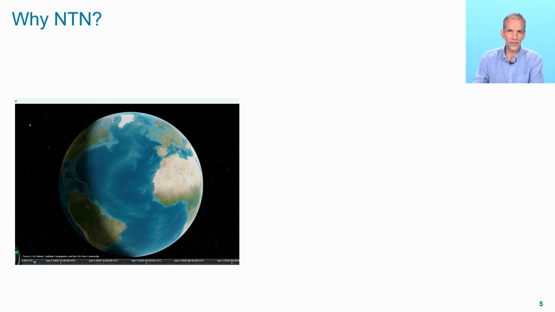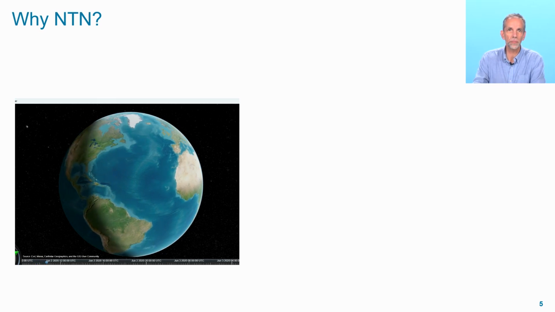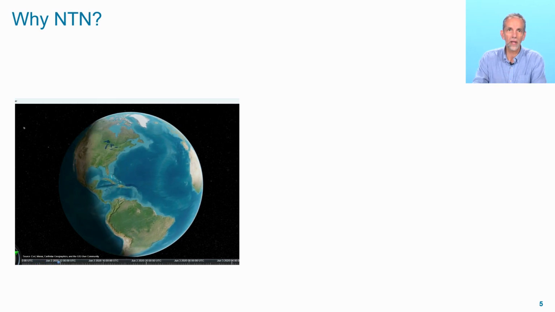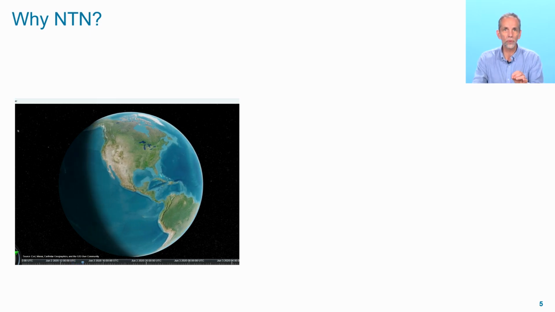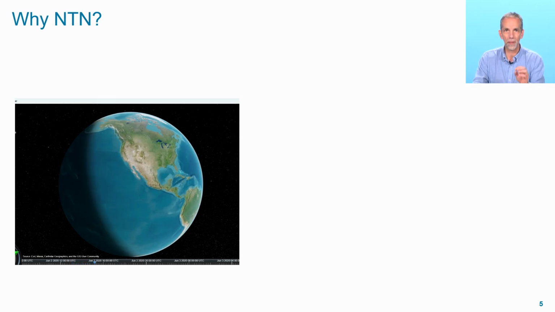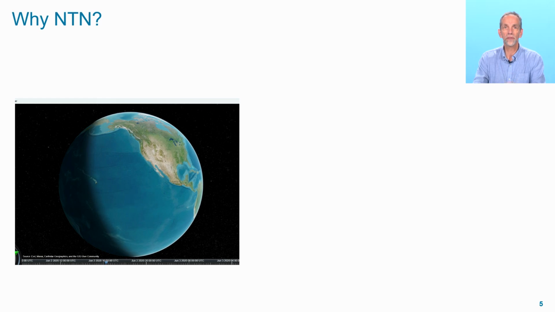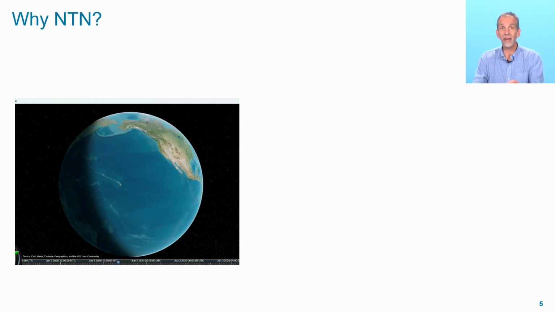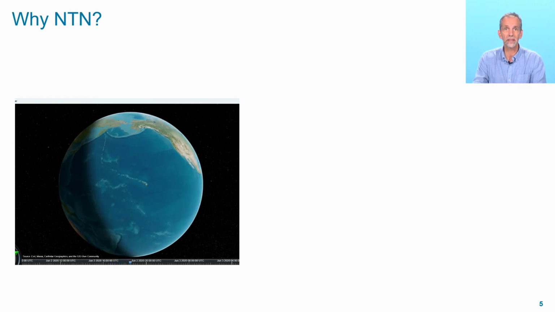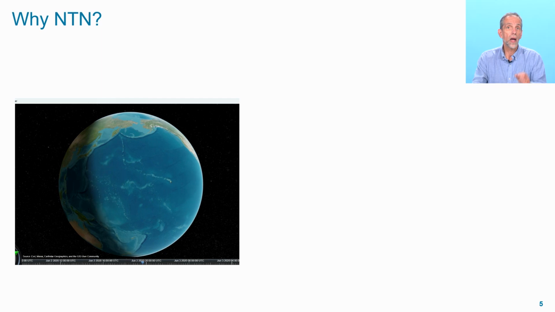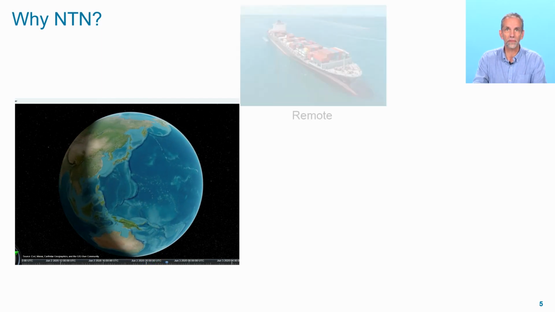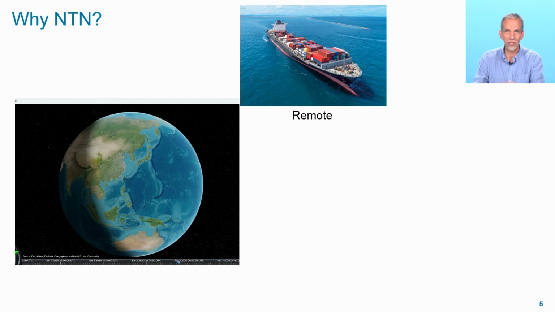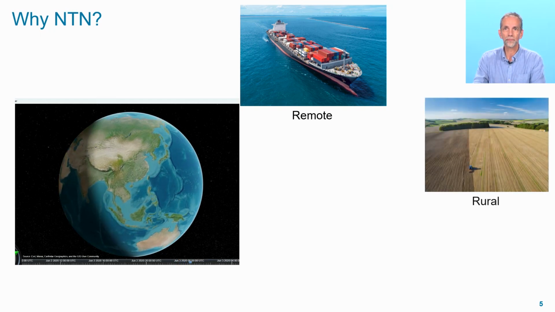Let's ask, why NTNs? So you see in this spinning globe, there is a whole lot of the globe that is unpopulated. It may be true that roughly 80% of the world's population is covered by the terrestrial network right now, but 80% of the land mass is not. And so NTNs want to address these unconnected areas right now. First, remote areas, as we see ships on the open ocean.